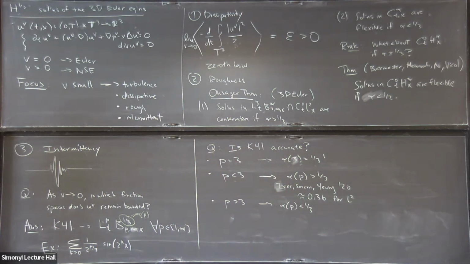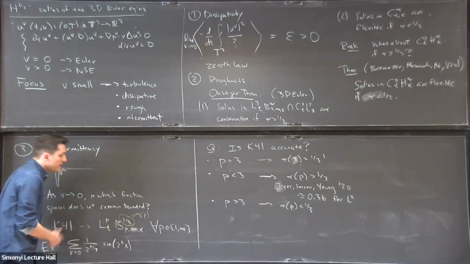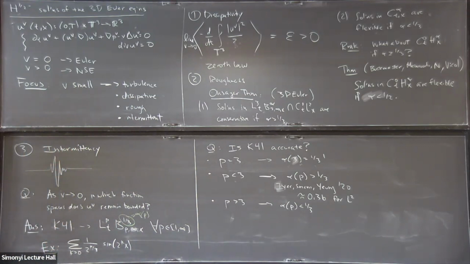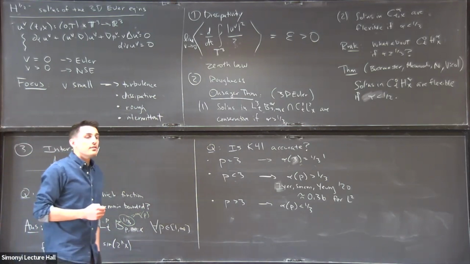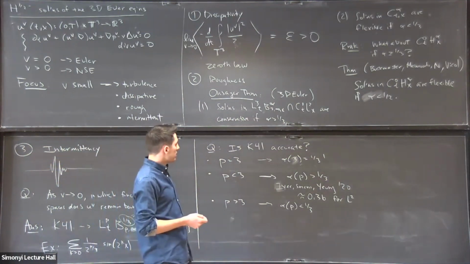Can I just ask, what about the temporal regularity? Yeah, so the temporal regularity, I think, is L^P_t of B^something_{P,infinity} in x. So I think that's how these measurements are taken. Is there any reason to expect any kind of duality in alpha of P with respect to 3 or something like that?